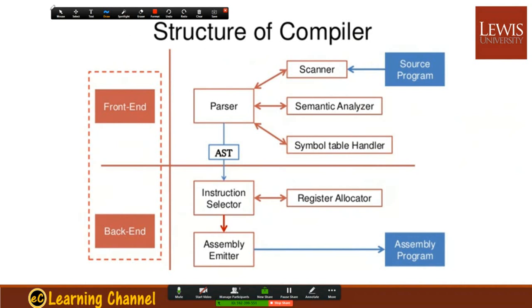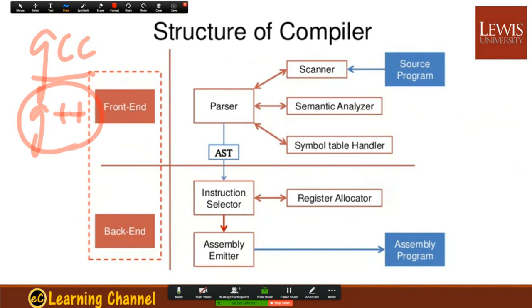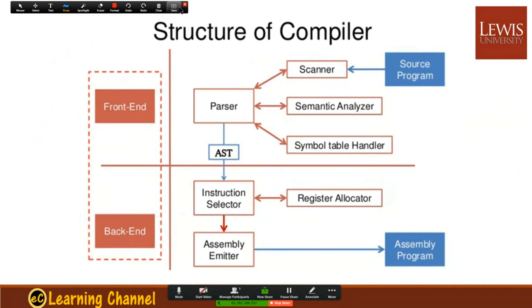And the example I'm giving here is the very famous GCC, the GNU Compiler Collection. Or you may have seen G++ before, if you have used the compiler. Throughout this chapter, we are based on this compiler.